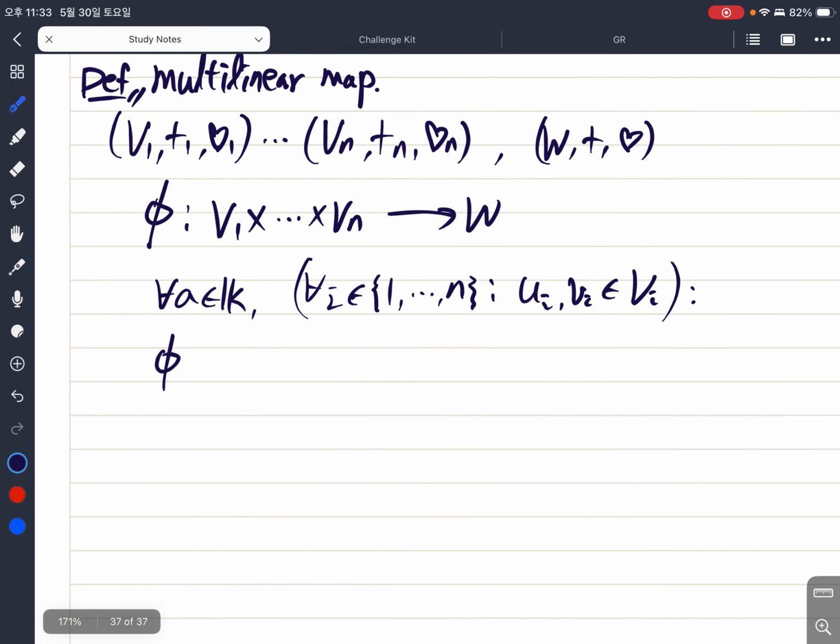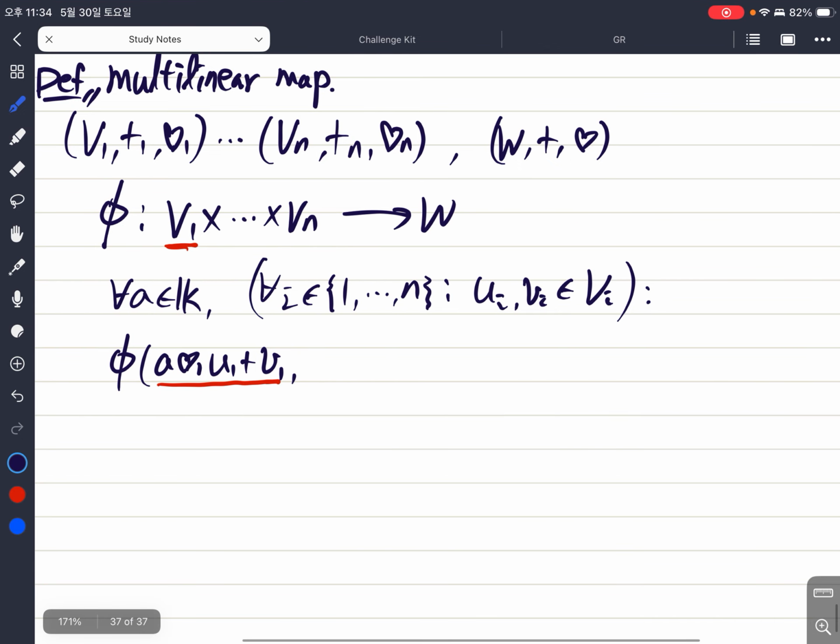phi for the first slot, a heart 1 u1 plus v1. So this is the first slot, and this guy comes from this Cartesian product, where we make an ordered pair. So the others are just v2 to vn.